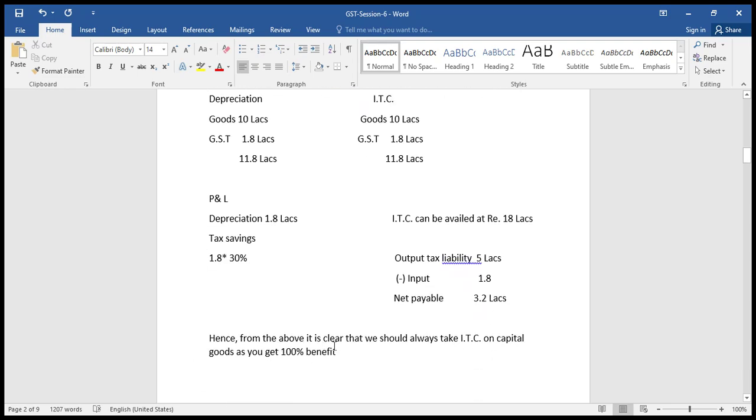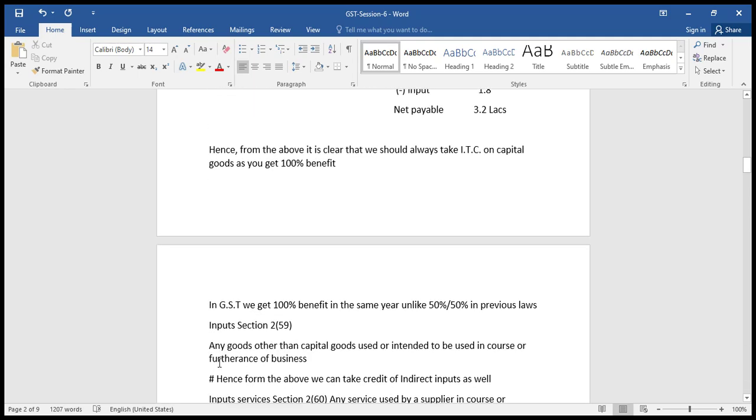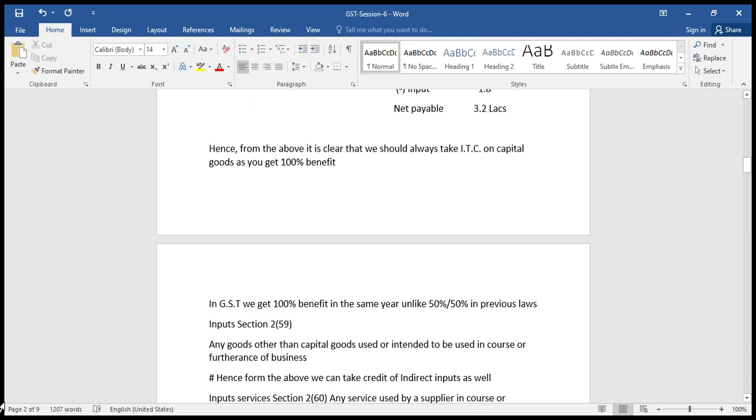Hence, it is clear that we should always take ITC on capital goods, as you get 100% benefit against the output tax liability, whereas you get only 30% benefit if you claim depreciation against GST. In GST, we get 100% benefit in the same year, unlike 50-50% in previous laws.